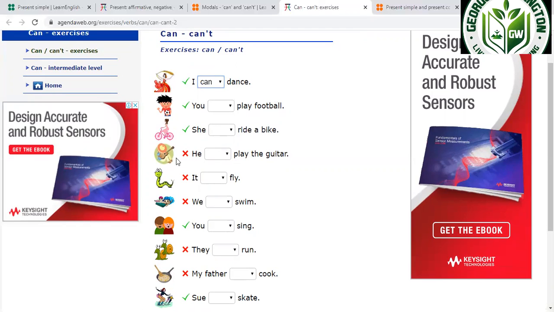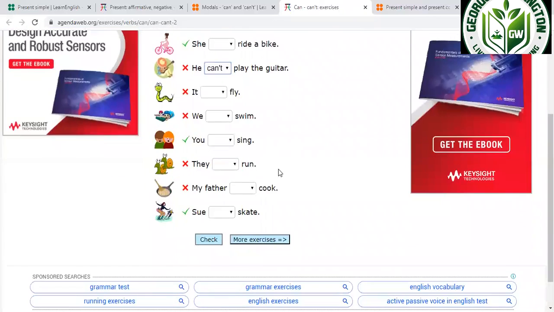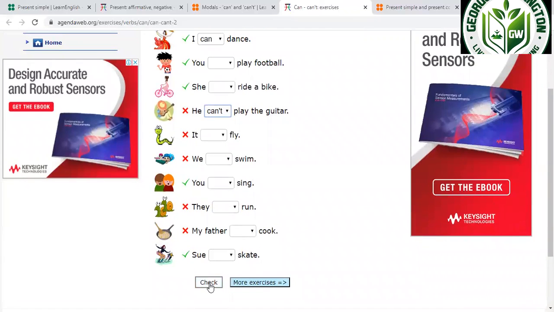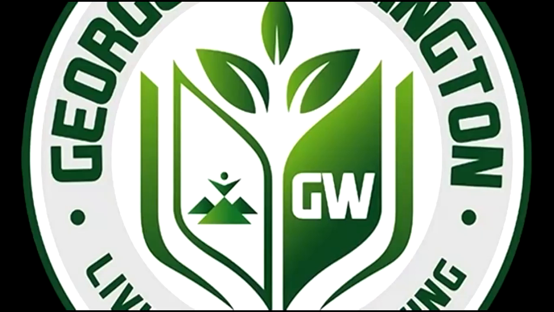Since I see an X, that means that he cannot do that. So he can't play the guitar. And then you need to practice on the rest of the exercises. You can check if it is correct or not and do more exercises if you wish. Okay.